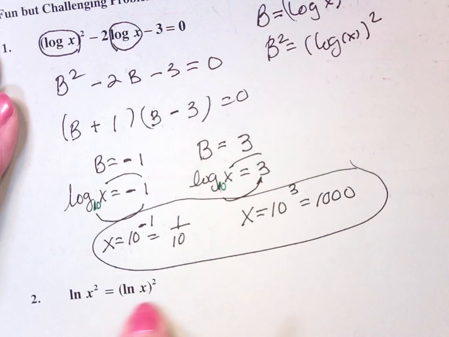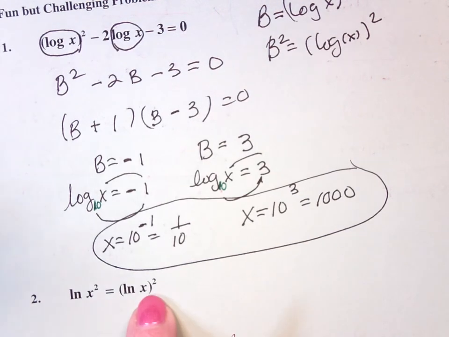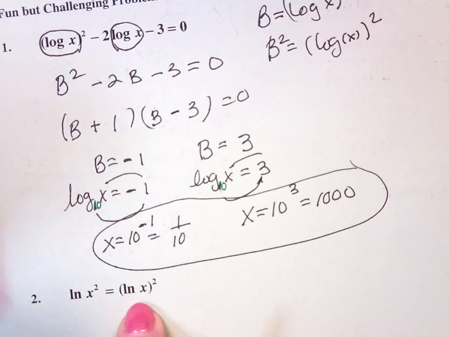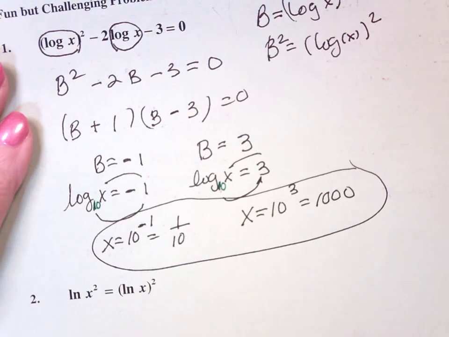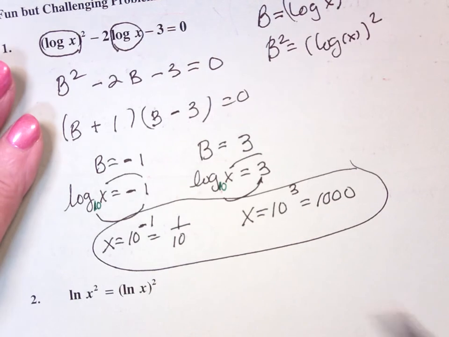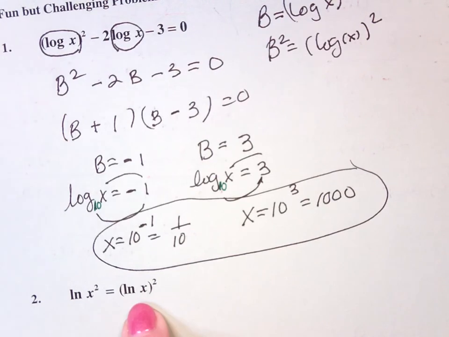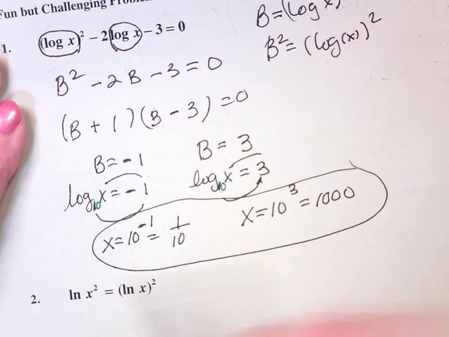Now this one's trickier, and it is trickier because it's not quite clear what it is. I can't divide through by the log of x, that's not going to work, and that's a log of x squared.